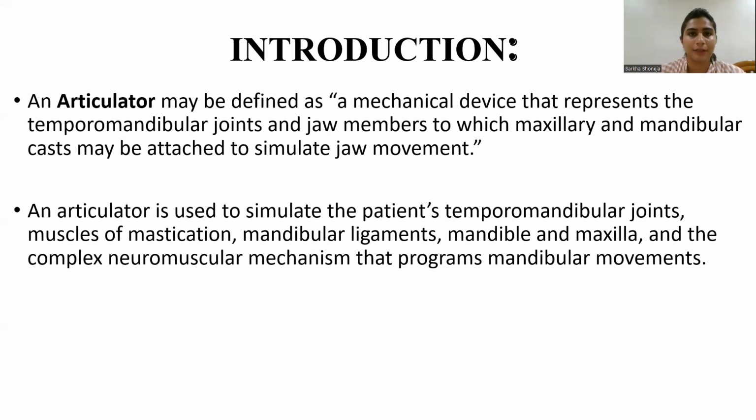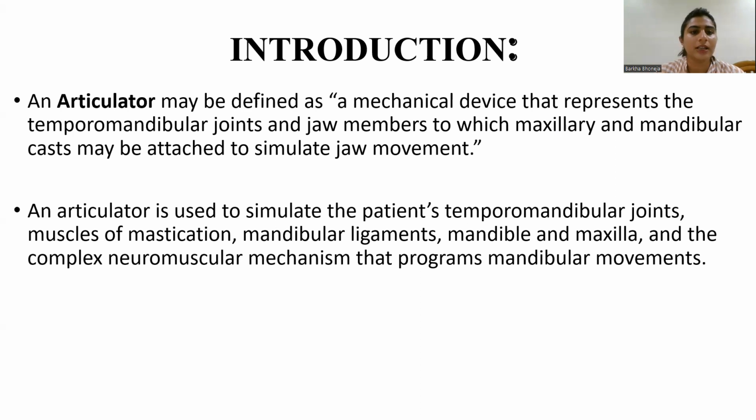So you take the impression of maxilla and mandible and you take the relation of both of them together and you mount it into the articulator. So now the articulator is acting like a temporomandibular joint to which the maxillary and mandibular casts are attached to simulate the jaw movement. Simulate means to copy or to replicate.